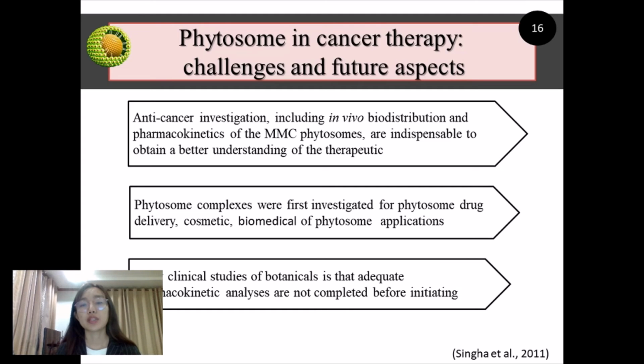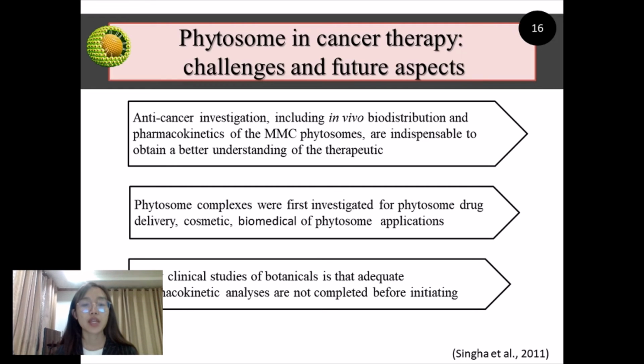Next, phytosome in cancer therapy, challenges and future aspects. In addition, nanophytosomes are used to treat and develop future cancer therapy. In the development of phytosome, it is very useful and will be applied in the future.